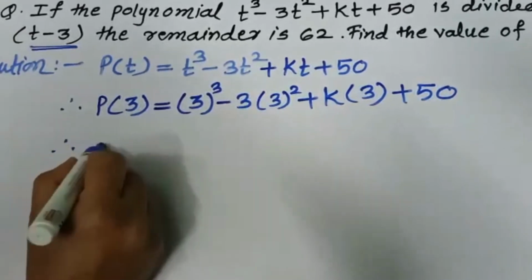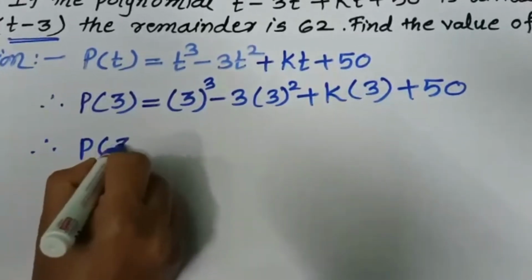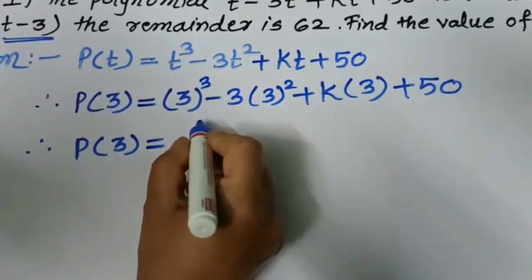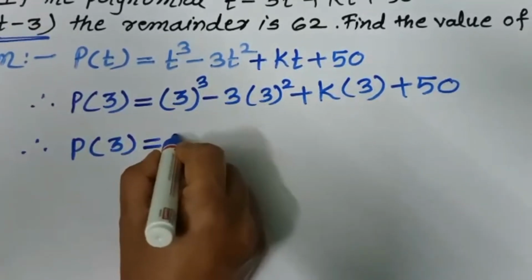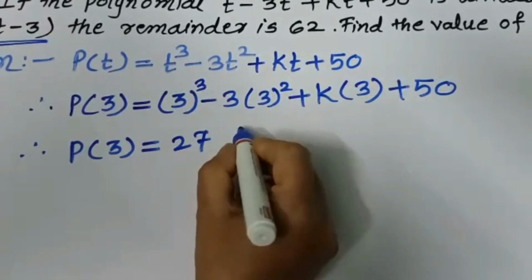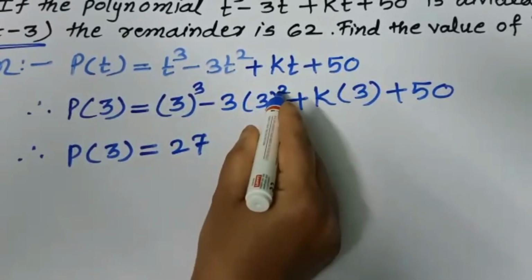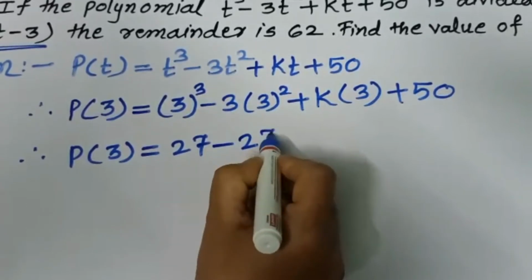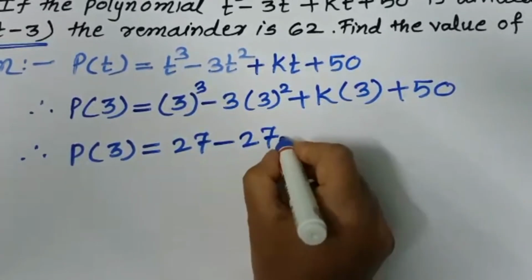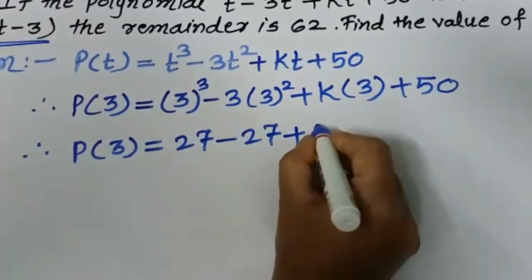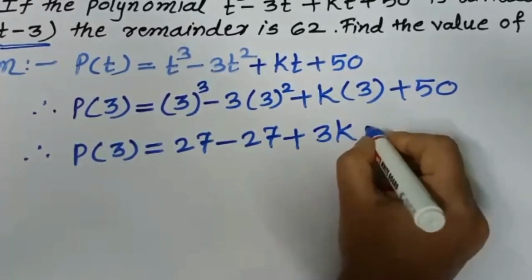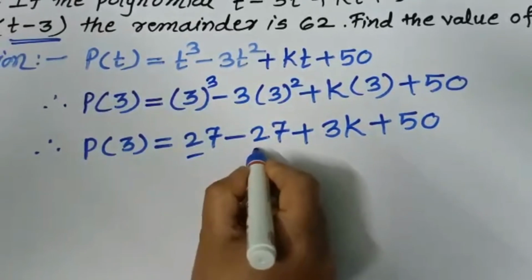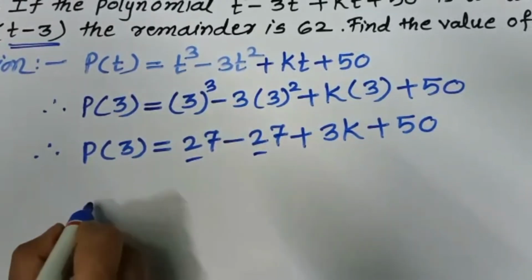Now write therefore p of 3 is equal to 3 3s are 9, 9 3s are 27. Cube of 3 is 27. Afterward further, here 3 3s are 9, square of 3 is 9, and 9 3s are 27. So write 27 plus k into 3, 3k, and here plus 50. Here see, positive 27, negative 27 will cancel.